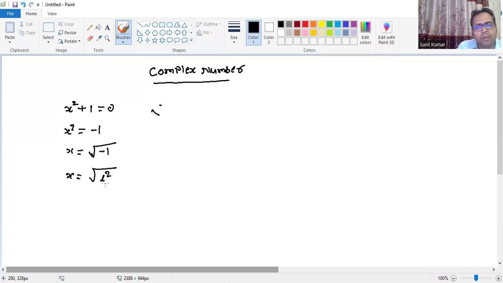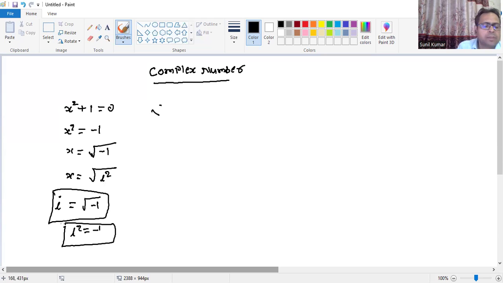Iota is given by Euler, and this is denoted by i. This i is nothing but the square root of minus one. If we square both sides, you will get i square is minus one. So this i is a complex number.